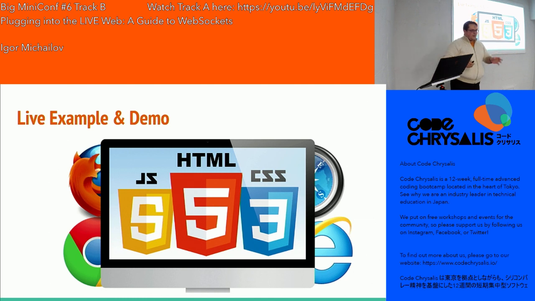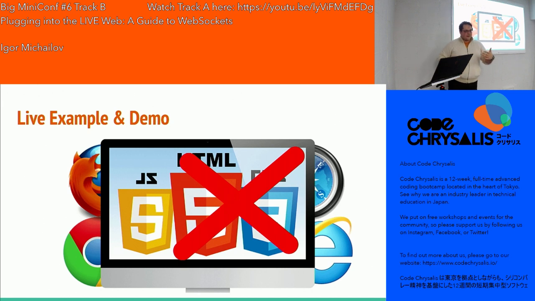But WebSockets are natively supported in pretty much all browsers, so technically you don't even need a front end. You can literally create a client and work through your browser console. And that's what I'm going to show in the example.